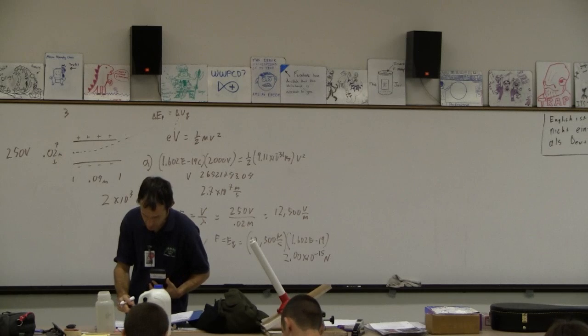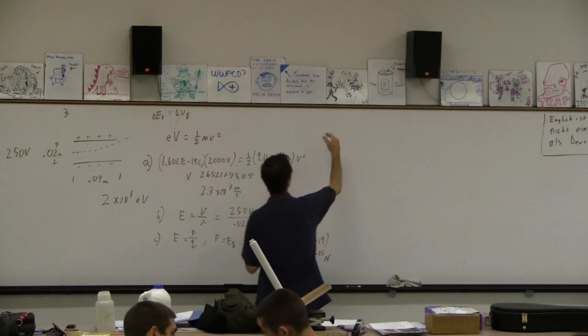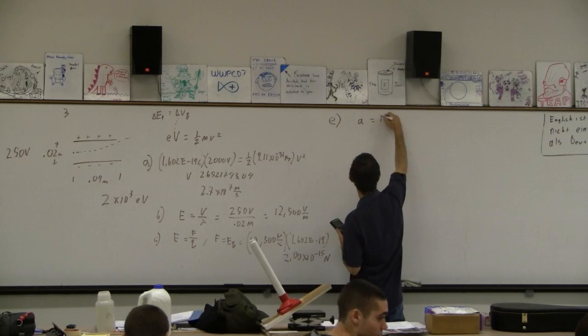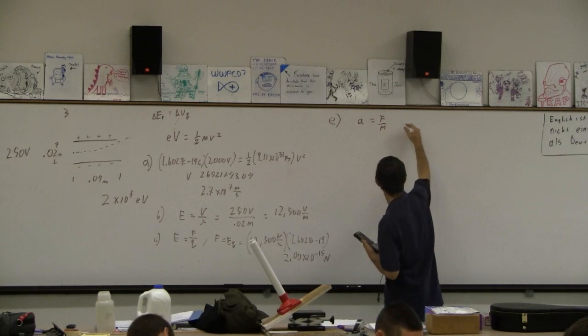Then E says calculate the vertical displacement of the electron as it passes between the plates, and the answer is something like 0.0025 meters upward. Before we do that, we've got to find the acceleration. Acceleration is F divided by m, using F equals ma.